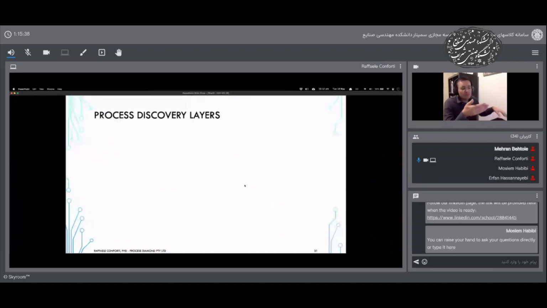So you may test 1, 2, 3 algorithms, and you pick the best result because certain algorithms are better for certain types of data sets, others work better in other scenarios.